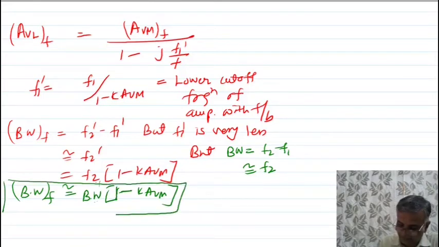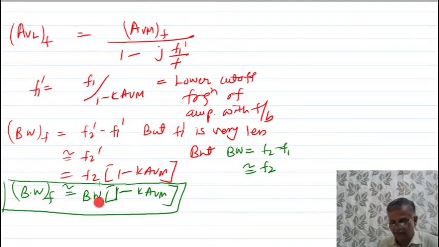Bandwidth of the amplifier with feedback is bandwidth of the amplifier without feedback into 1 minus K AVM. This is your derivation, and we have proved it for negative feedback.